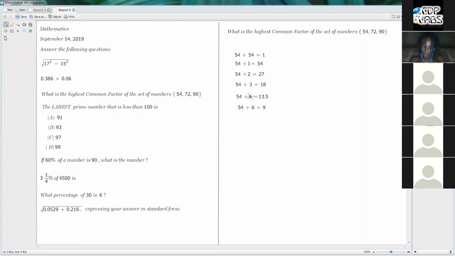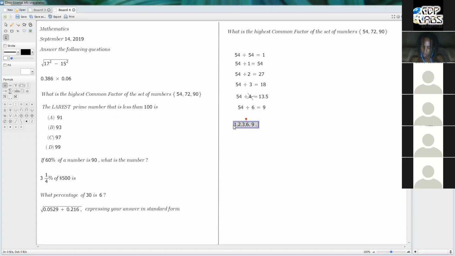So move on to the rest. So we have 1, 2, then we have 3. Then we have 6. Then we have 9. See if there's any more.